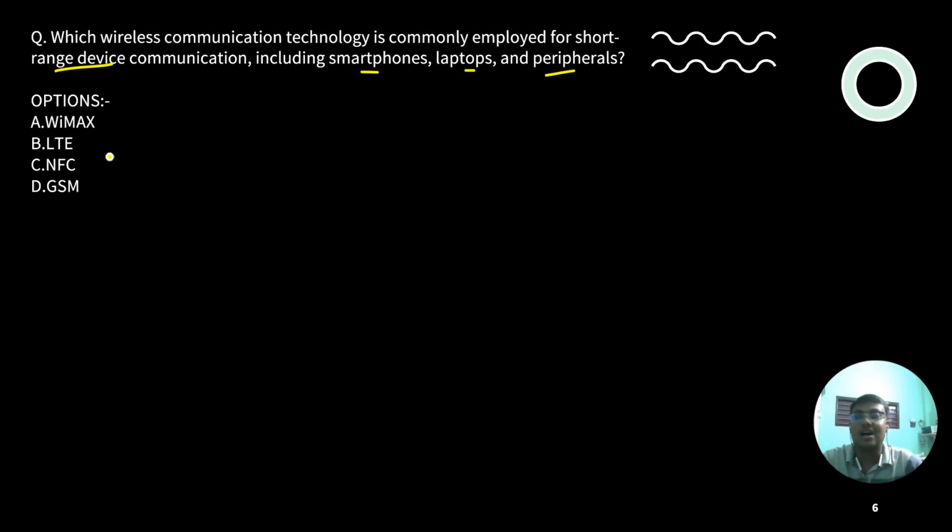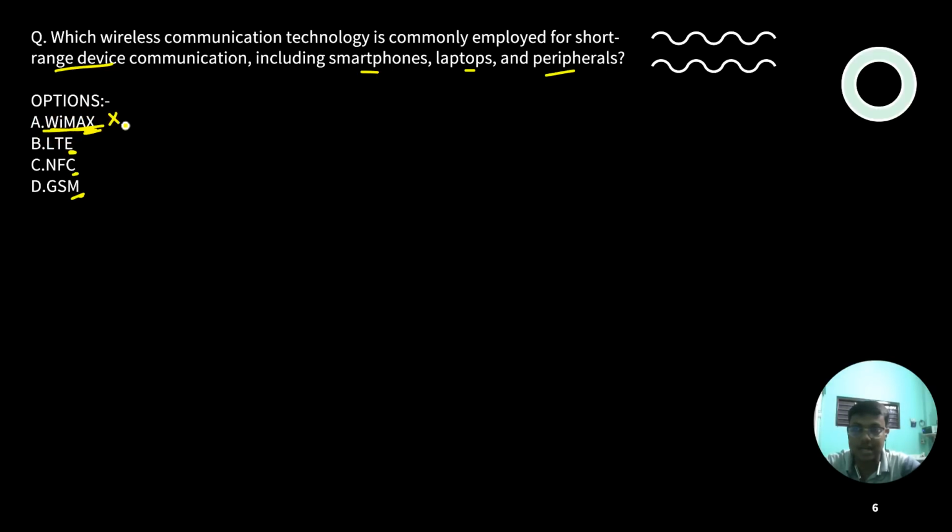So no need of understanding this question. You need to know the information, or else just try to analyze the options and take the option that is most possibly the correct option in your view. As you know, actually I have no idea about WiMAX.